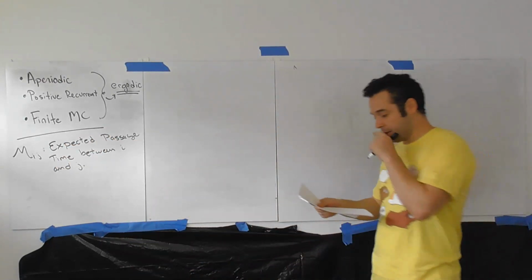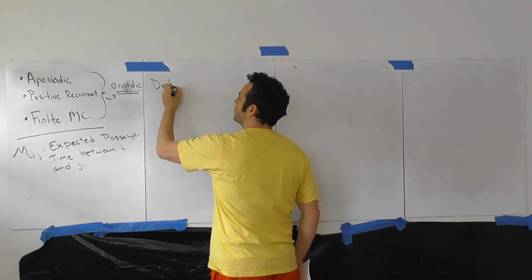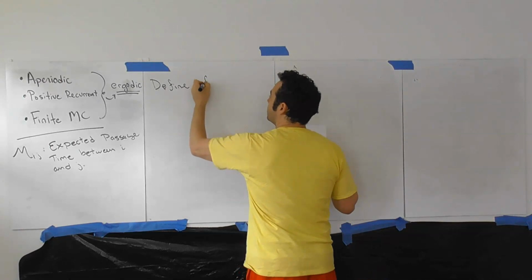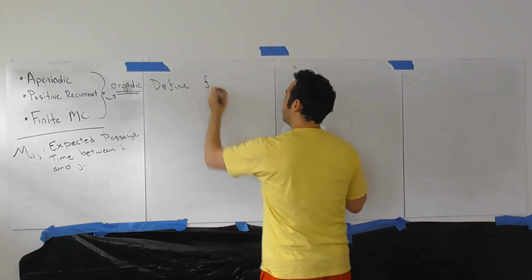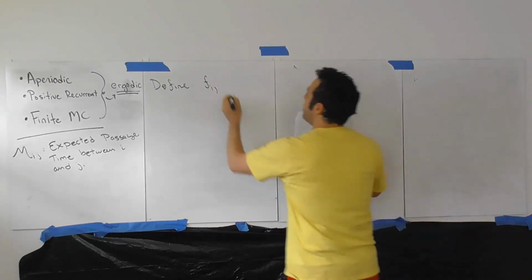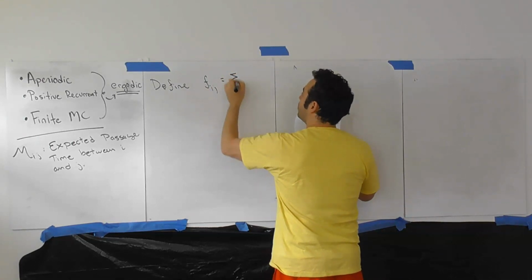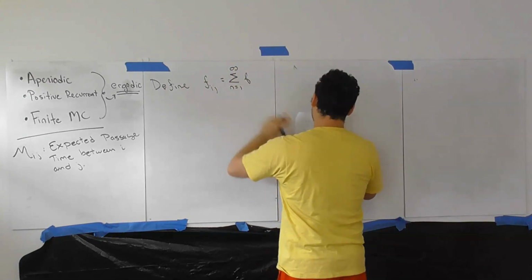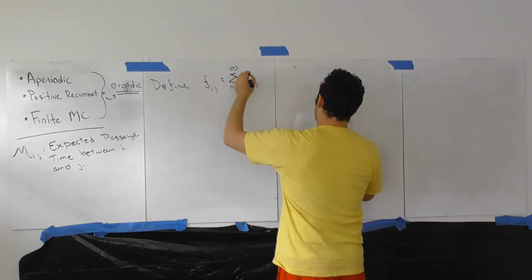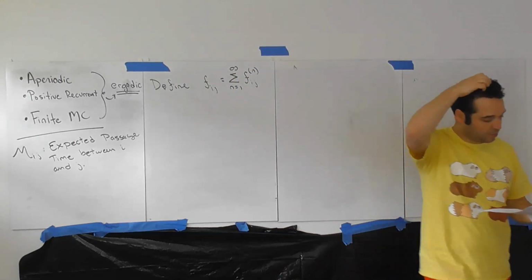In order to do that, we're going to have to define a new variable. This is actually a standard notation, so we'll call it Fij, and it is going to be the sum from n equals 1 to infinity of Fij^(n). Now, what is this Fij and Fij superscript n?